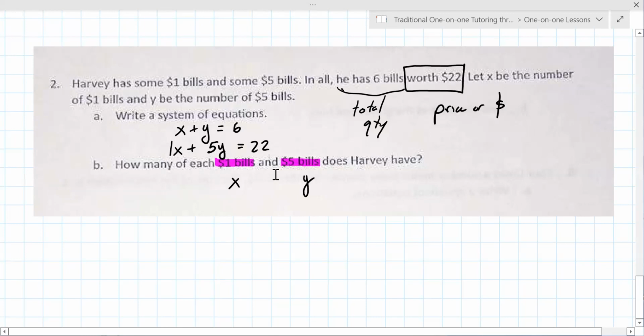Now, in your world, a similar problem would be like, we should probably change the numbers, but it'd be like Austin makes 2-pointers and 3-pointers. In all, he made 10 shots. So you took 10 of those in a game and you made 10.